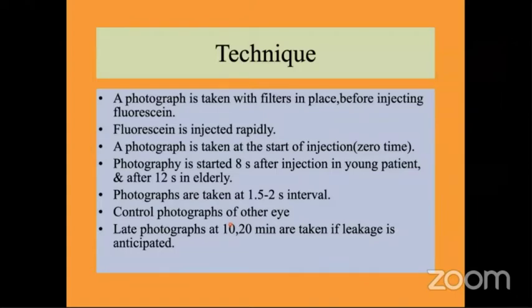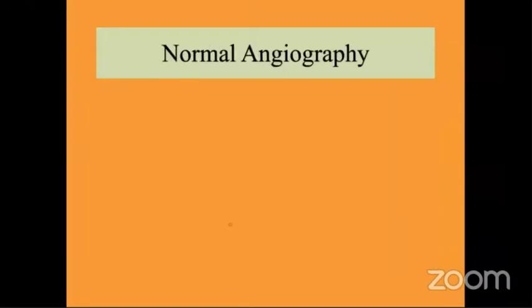If you are suspecting leakage or occult CNVM, you can take images at 10 to 12 minutes also. That is the late phase. Early images have to be taken in the eye where pathology is suspected rather than in the normal eye.